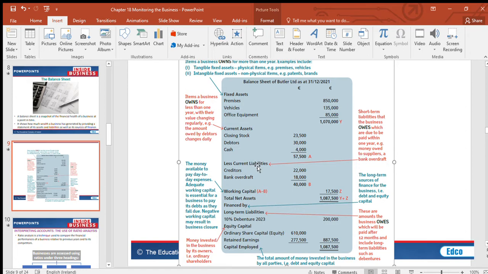You can just write at the bottom if you want, current liabilities equals this, rather than drawing big complicated arrows. So at the end you can just write down fixed assets equals this, current assets equals this, current liabilities this, working capital is just this number minus this number, but you have your explanation there. Long-term liabilities, financed by is the general heading, and equity.